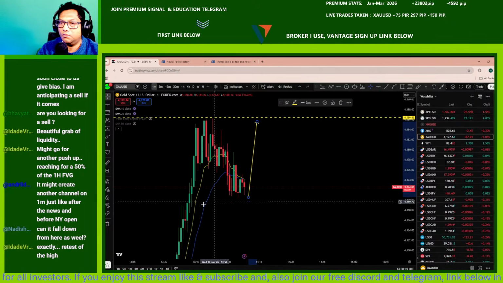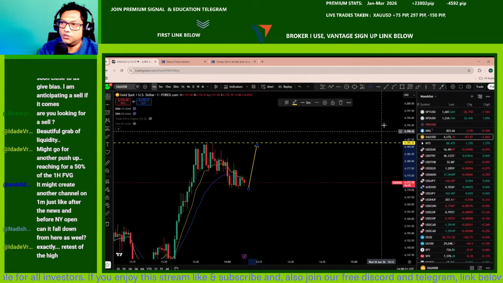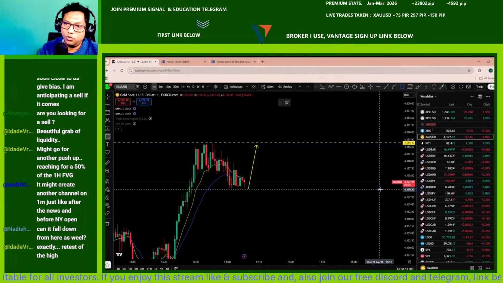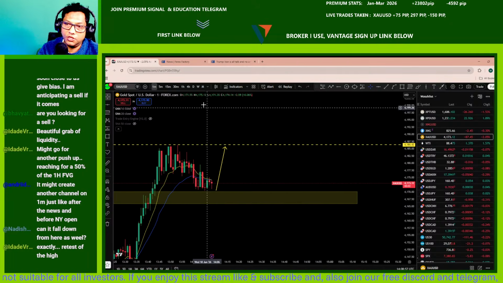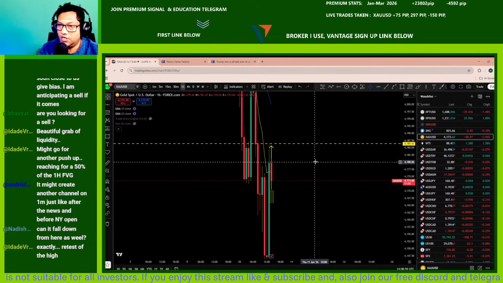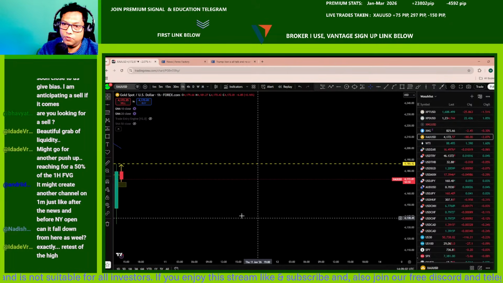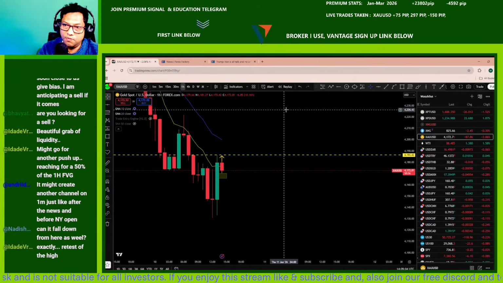Okay, with multiple retests of this support, we might see here a short term potential upside. If we see that short term upside, I'll not be hesitant to go for a short term buy.